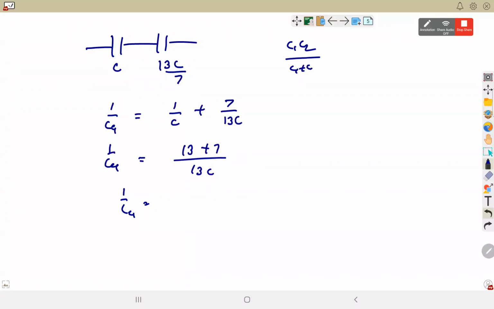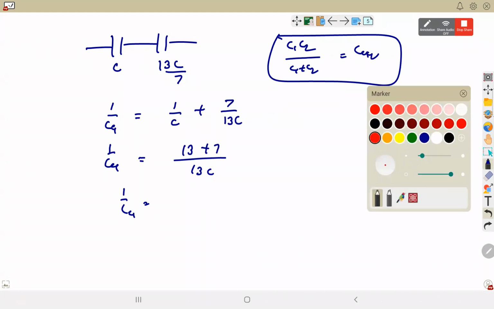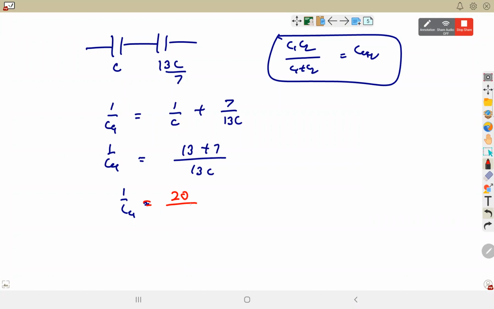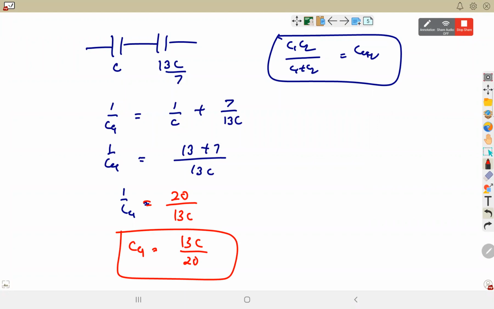You should directly use C1 C2 upon C1 plus C2 if you forget the inverse all the time. This is 1 by C equivalent, that is 20 by 13C. The equivalent is 13C by 20. Is it correct? Yes, sir. Mine is also the same. Okay, very good.